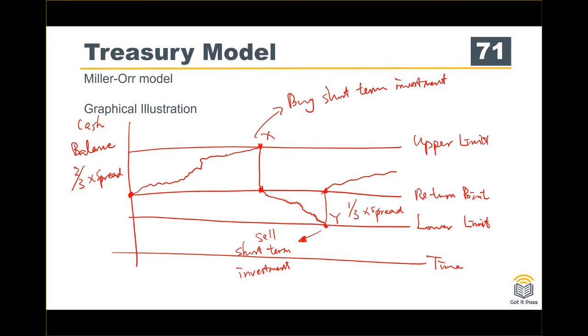Short-term investments, however, have poor liquidity compared to cash. Cash is completely liquid. For example, you just put it in your savings account, or even your current account, and once you need it, you just draw it from your bank immediately, without any time delay. But for short-term investments, when your cash balance drops to the lower limit, you have to sell your short-term investment.